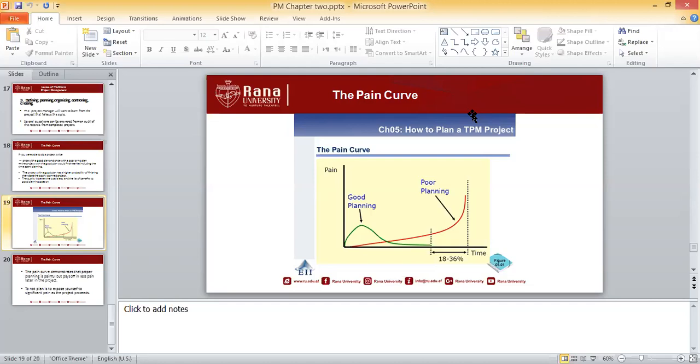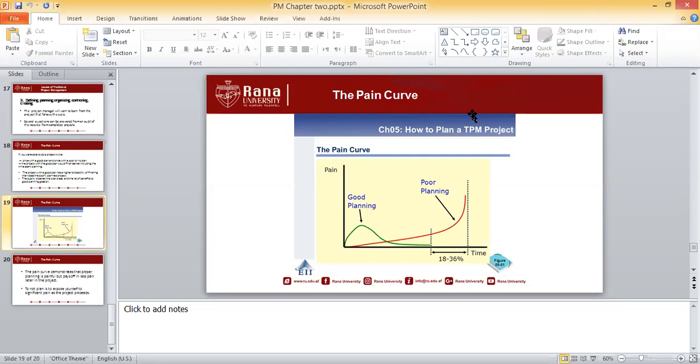There is also a very good saying that a good start has a good end. So in good planning, dear students, you simply have to spend a lot of time in the planning. You have to include all those factors which can be success criteria for the project manager.